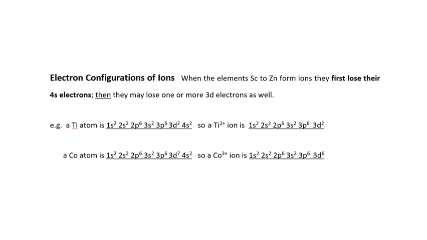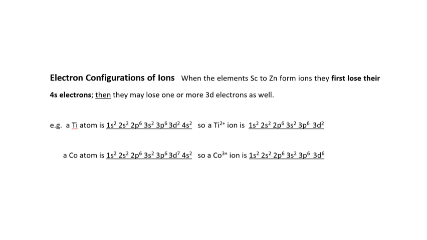So since they were the last ones to be added, you would probably expect that the 3d electrons would be the easiest ones to remove. But in fact it doesn't work that way. What actually happens is that you always, and this time there are no exceptions to the rule, you just always remove whatever 4s electrons there are first, and only then do you potentially start losing some 3d electrons as well.